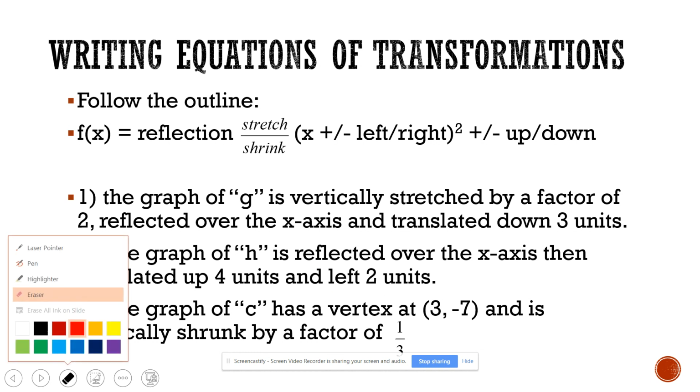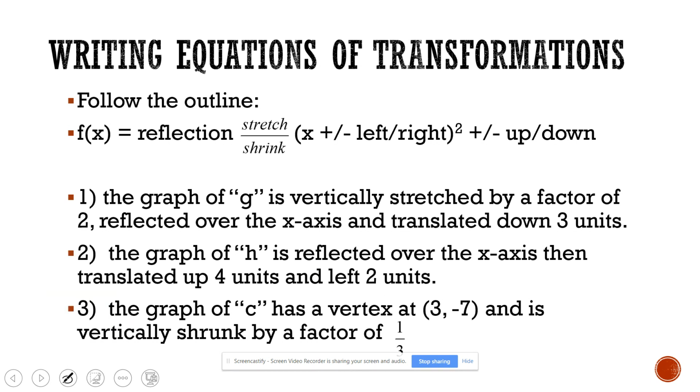Example 3. We have the graph of c. So our function notation starts with c of x. It has a vertex at 3, -7.